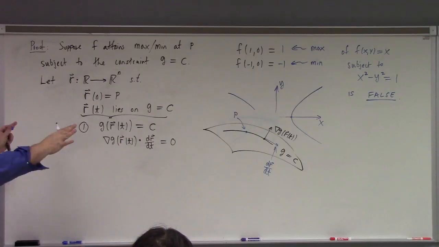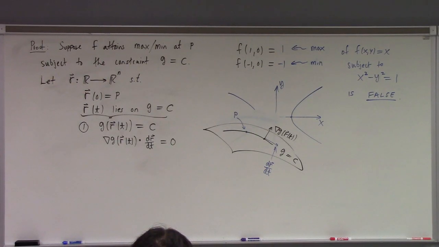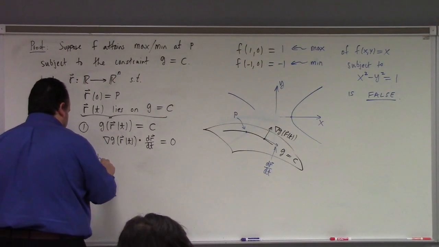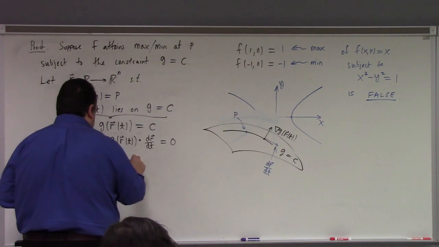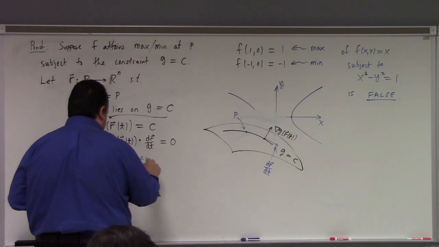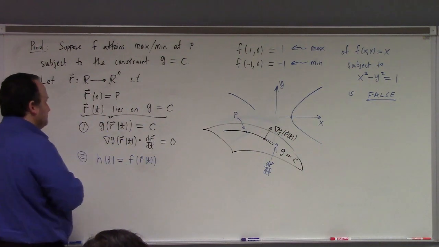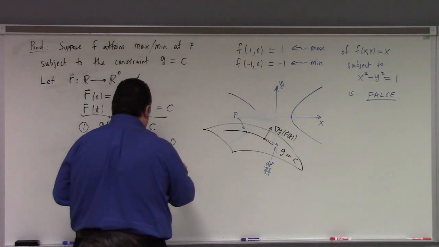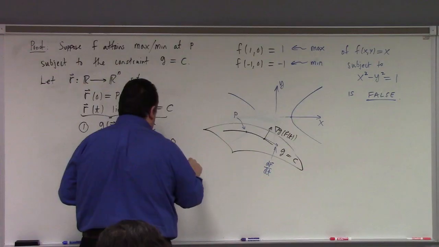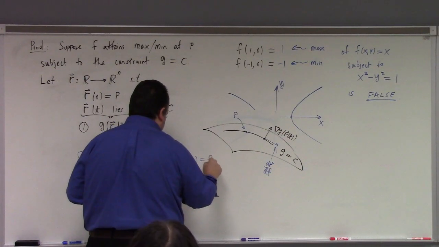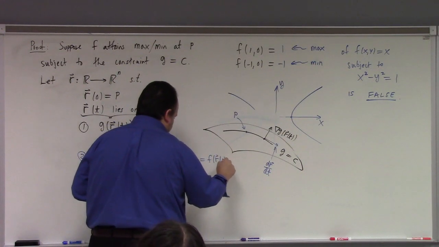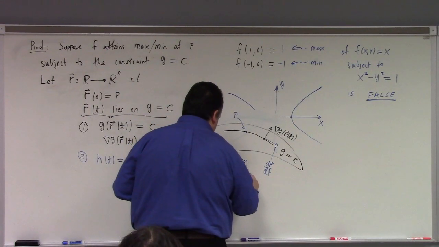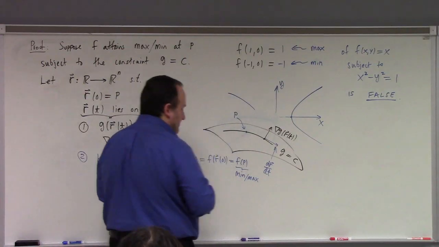Notice I haven't pictured anything about the objective function yet, have I? But number two, if we let h of t equal f of r of t, then h of 0 is equal to f of r of 0, which is f of P. This is a min or a max, by assumption.